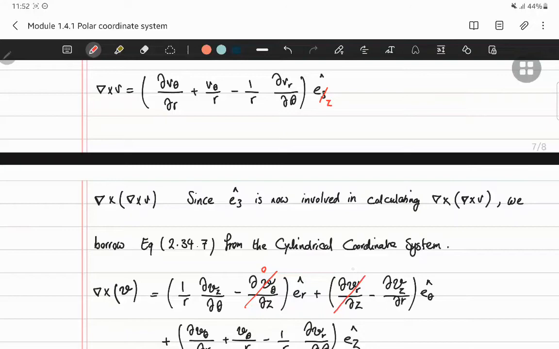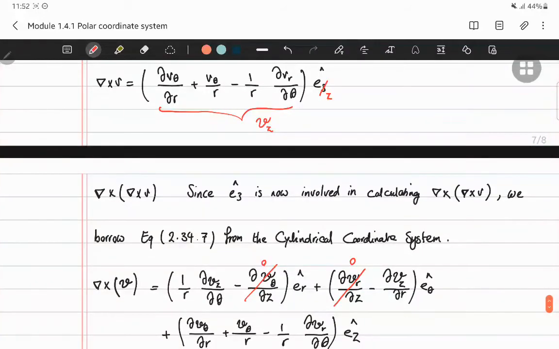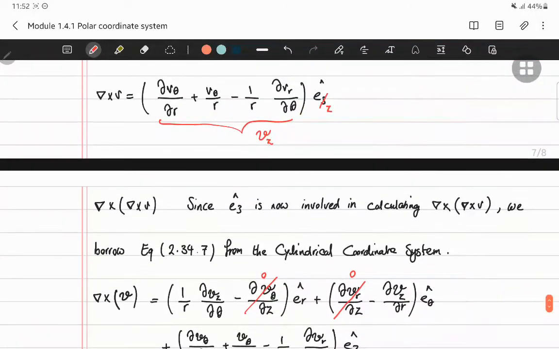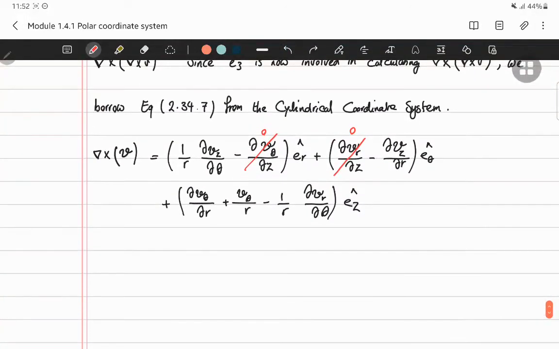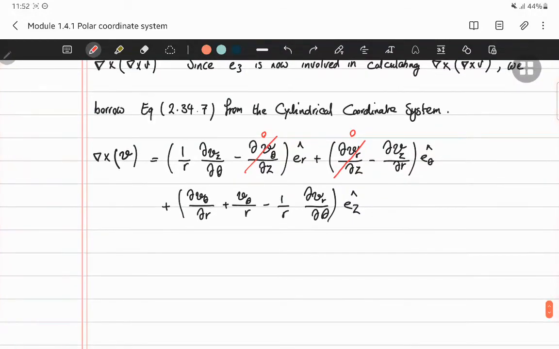Vr is also not a function of z, but vz is a function of theta here. Here vz is a function of r, because each of these vr and v theta is a function of r and theta, right? Then I don't have any ez here. Because we are in the polar coordinate system, this is also 0, and this is also 0. So there is no ez component.